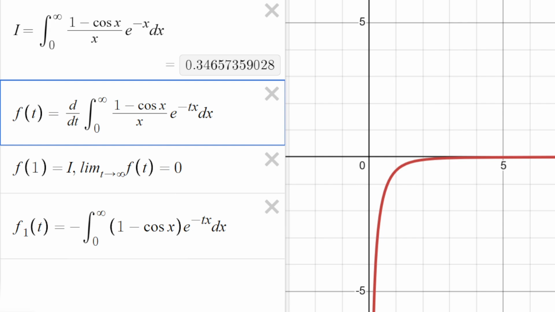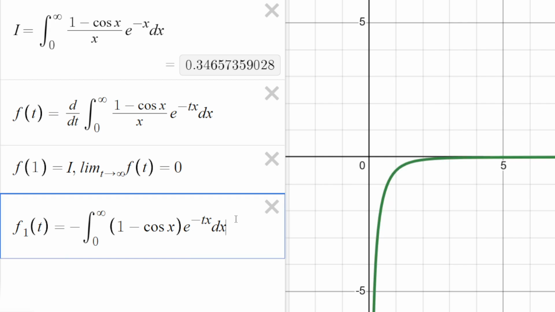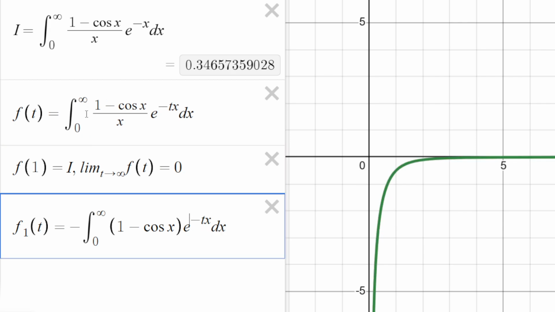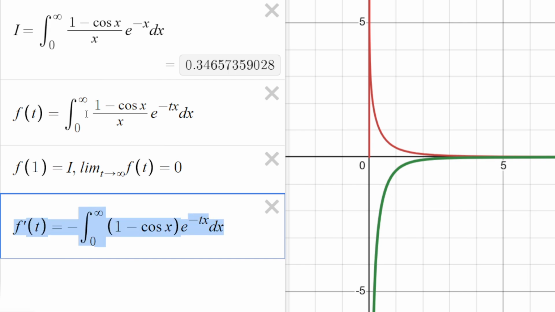And as you can see, it does. They overlap. They're the exact same function. Okay. Let's put our notation back. Desmos does not like prime notation, so I usually have to just put a subscript 1 to indicate the derivative there. But anyway, so now we have f prime of t is equal to this.